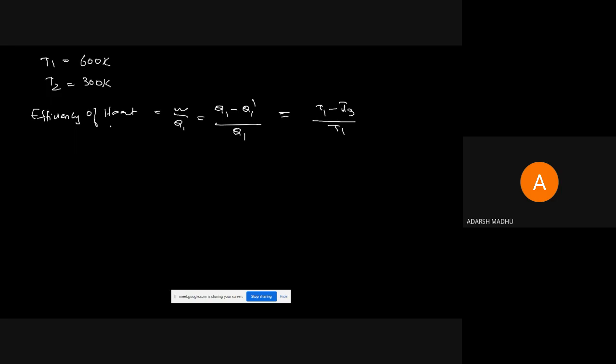So W equals T1 minus T3 by T1 into Q1, right? So for question 1, W of Carnot is given as T1 minus T3 by T1 into Q1.